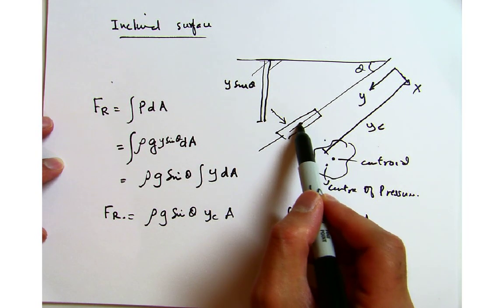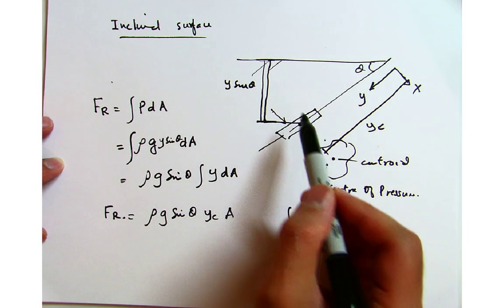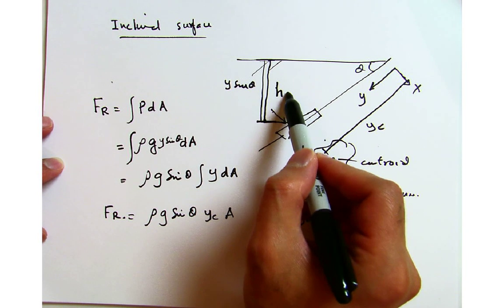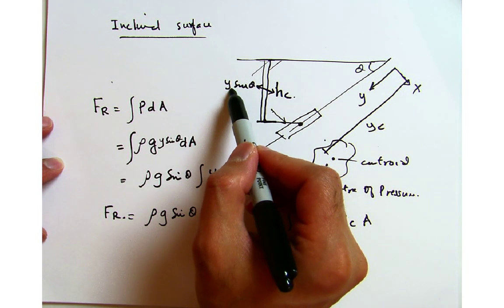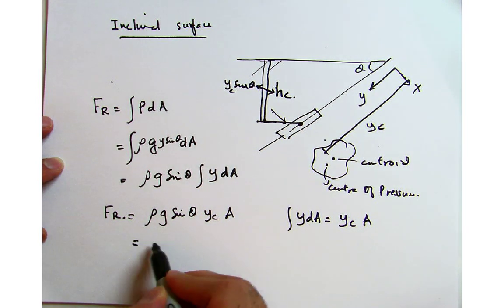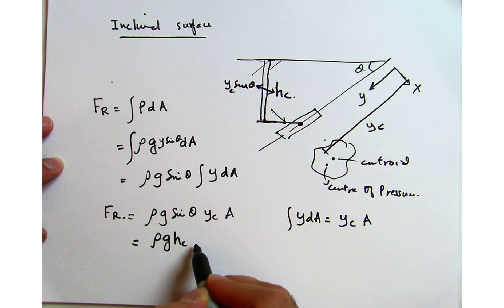Let's suppose this is our centroid, so up to this point I'm calling this h_C. So h_C is equal to y_C sine theta, so I can write this as rho g h_C A.